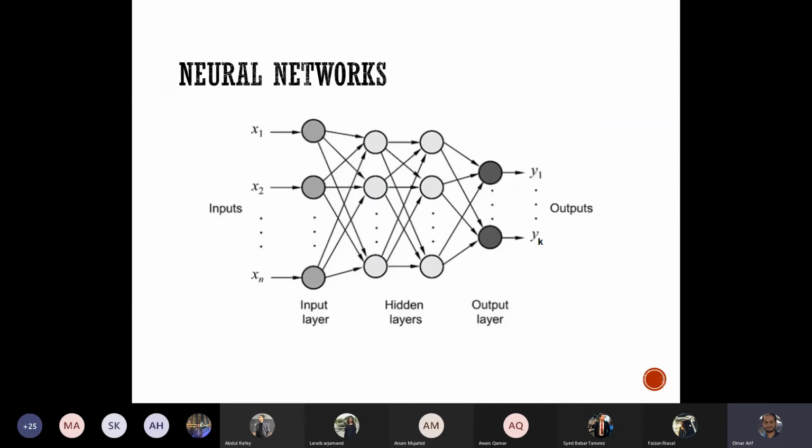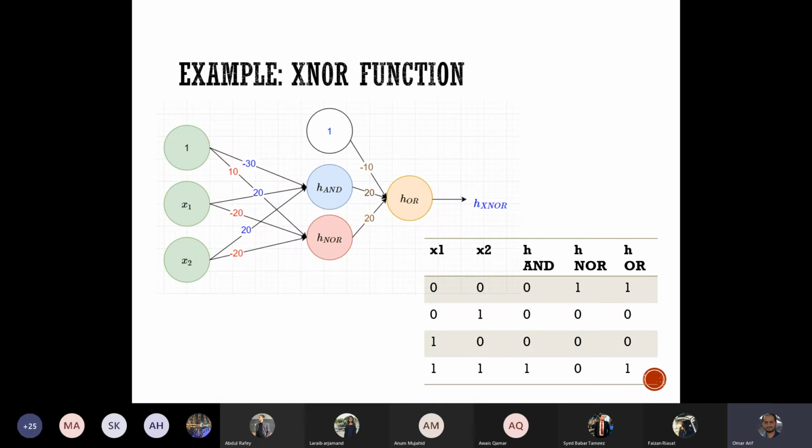Okay, so this is the general case. The input layer, many hidden layers, and the number of neurons in the hidden layers is also variable. Maybe you have 10 here, you may have 20 here, and so on. And then this is the final output layer. And yeah, this is how you build an artificial neural network.